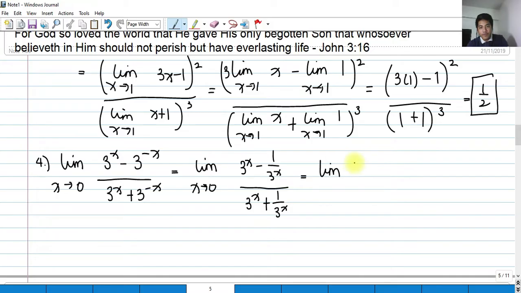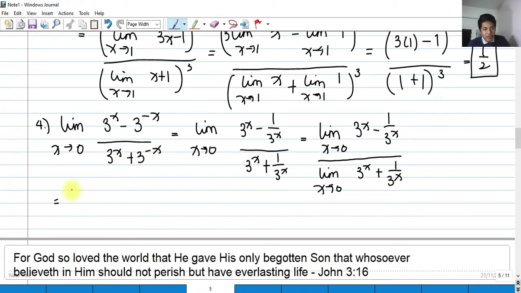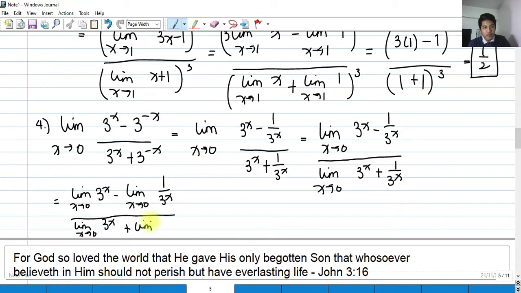So we have the limit of 3 raised to x minus 1 over 3 raised to x as x approaches 0, over the limit of 3 raised to x plus 1 over 3 raised to x as x approaches 0. Evaluating the limit again, we have the limit of 3 raised to x minus the limit of 1 over 3 raised to x, over the limit of 3 raised to x plus the limit of 1 over 3 raised to x, as x approaches 0. We can simply substitute the values of x here.